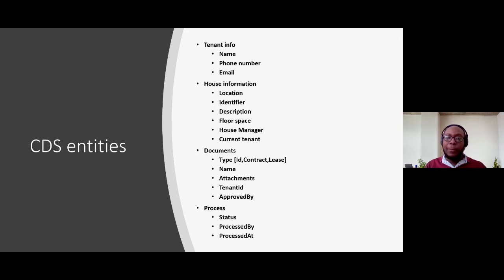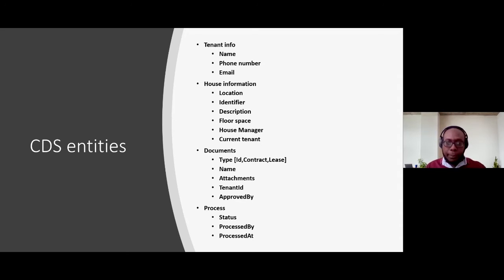A description, which can be free text, just to list the actual things that the house has. The floor space, the house manager, and the current tenant. The current tenant in this case is going to be a relation to the tenant information.